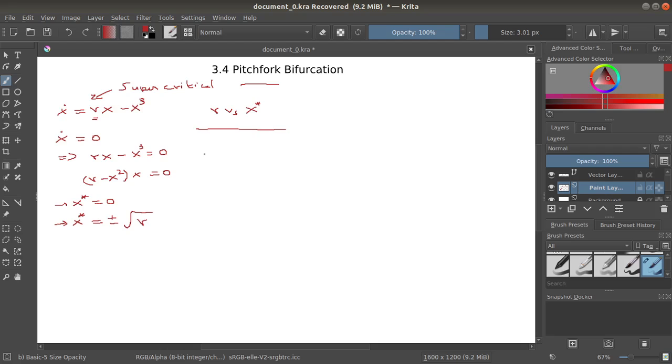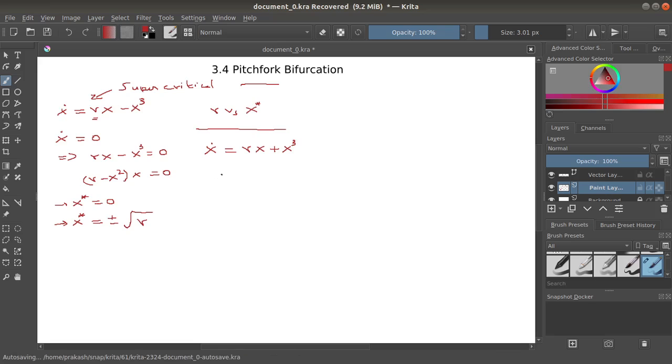And what is that subcritical? It has this particular form when x dot is equal to rx plus x cube. Okay, so this is a subcritical pitchfork bifurcation.